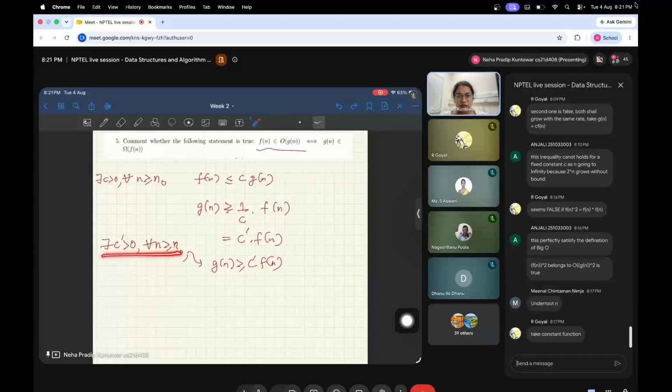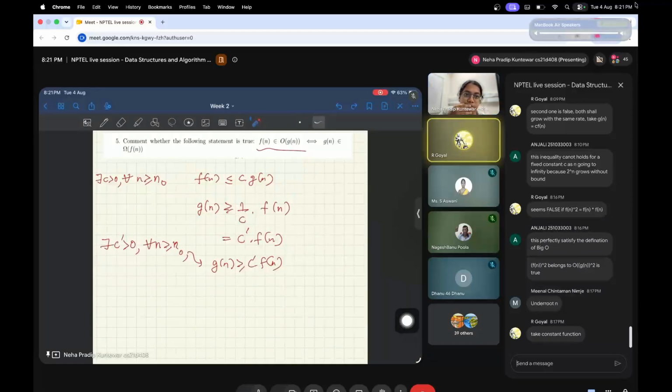Like the quantifier should remain the same. In case of the big notations, this is fine. But in case of the small notation, it is there in the definition itself, and this has to be for all c's. This is a part of the definition.